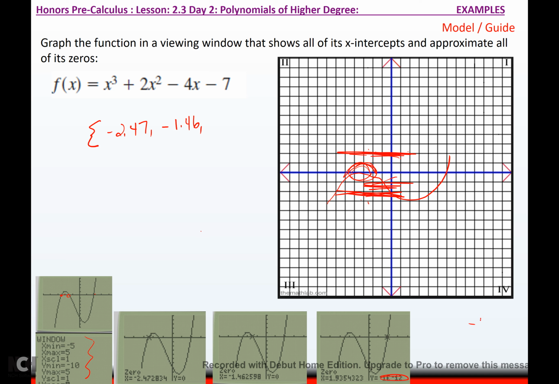Remember, that's saying negative 1e to the negative 12th, which means the decimal has 12 places this way, which means there's 11 zeros in front of that negative 1, which means for all intents and purposes, y is 0. And I've got an x-intercept at 1.94. Okay? And then you just kind of sketch the picture.